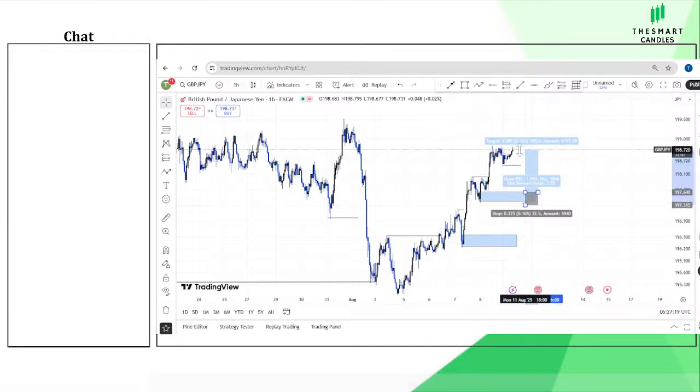So we'll be targeting 1:3. This is 1:3, but if we want to target the most recent high, this is this, but I'll prefer to go with the 1:3 because that's more realistic. So this is our entry for today.